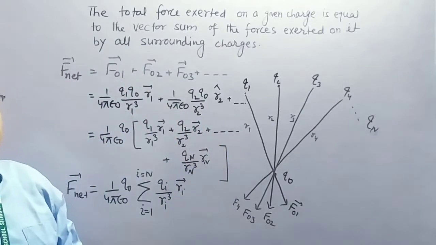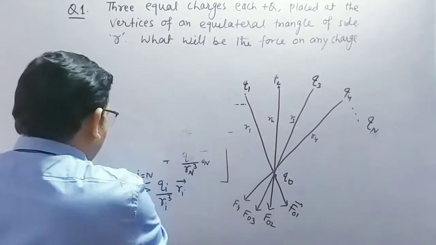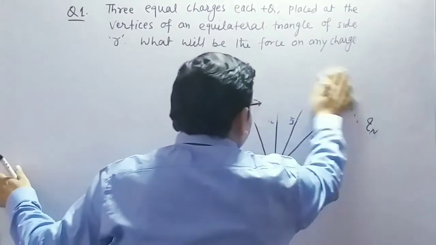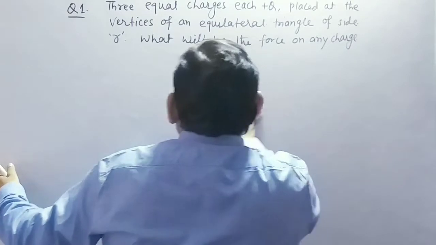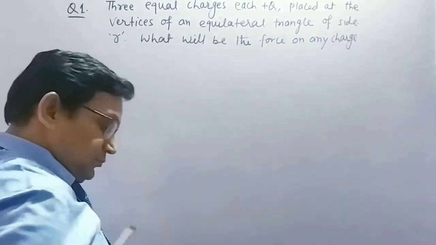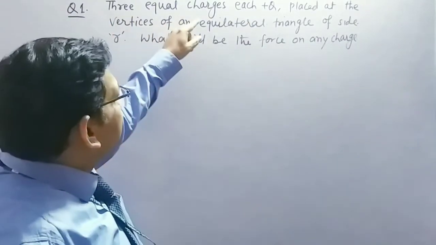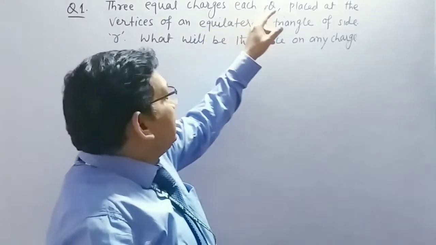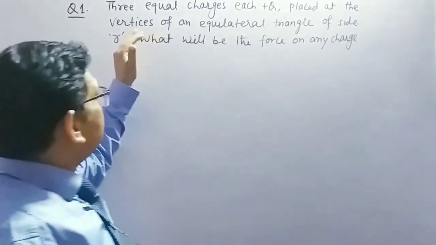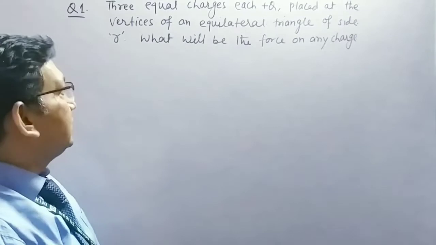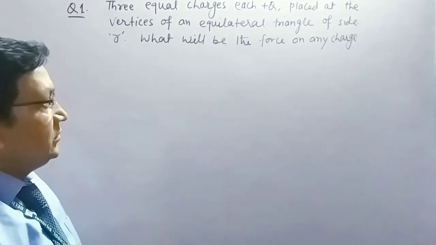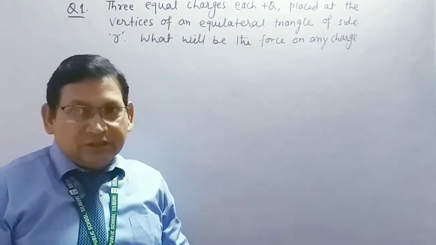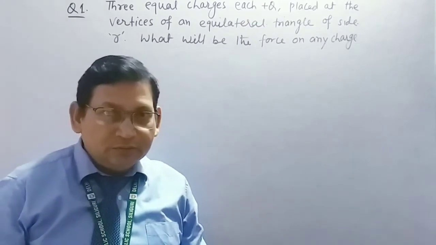So the first question is: three equal charges, each of plus q, are placed at the vertices of an equilateral triangle of side R. What will be the force on any charge? So here we have three charges and we have to apply the superposition principle.